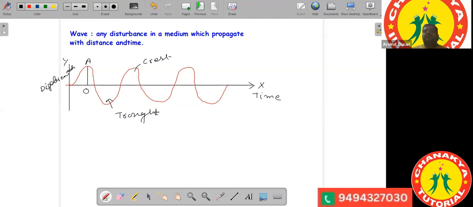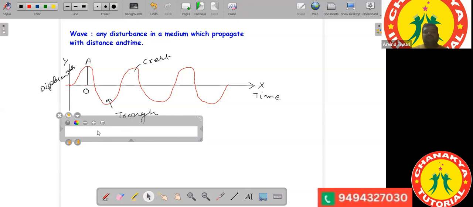Okay. So what's different in wave? You have another term, wavelength. Let's see, wavelength. So what's the wavelength?